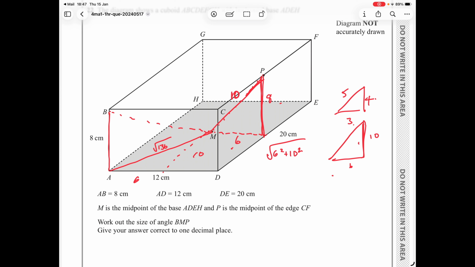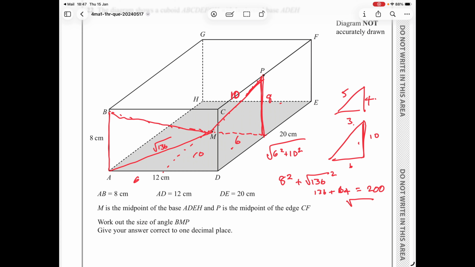So that makes this one, I have to say, I've got a bit of an issue with the fact that I don't really understand the angles and I can't really see it, but I'm assuming we've got 8 squared plus root 136 squared, that's 64 plus 136 equals 200.